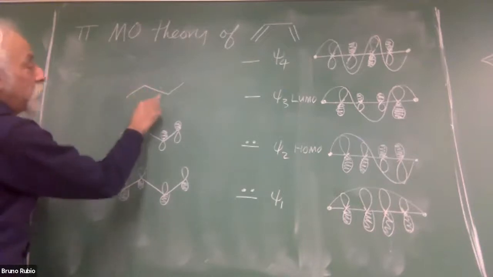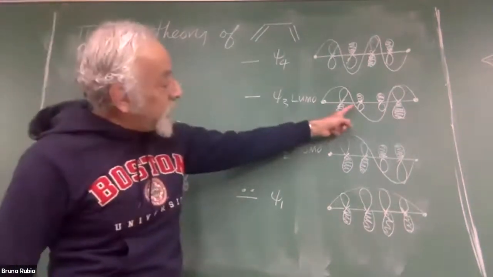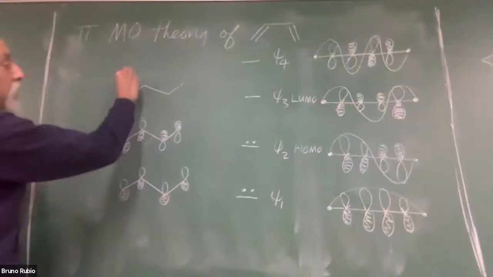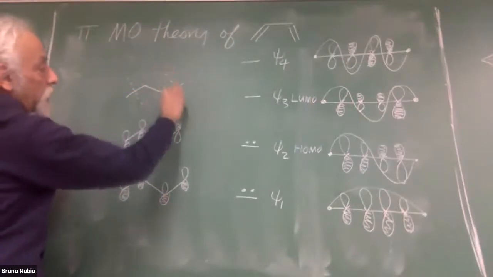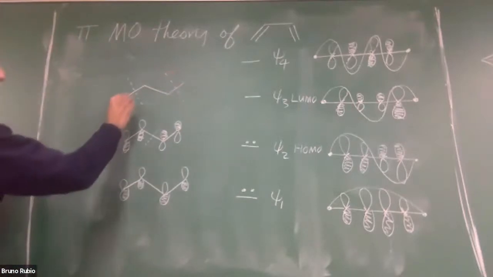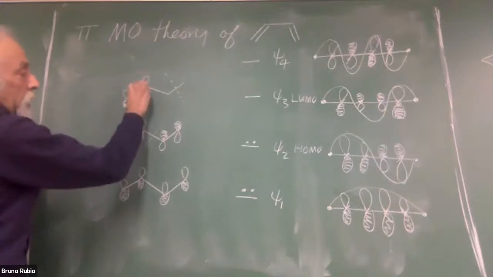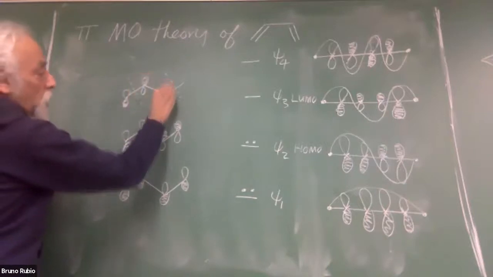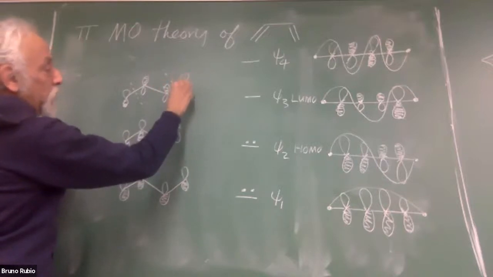So I'm going to be guided by this diagram, and I see I have a node here, and I have a node there, right? Symmetrical disposition of these nodal boundaries. And so this is just a quicker way of coming up with those molecular orbitals.